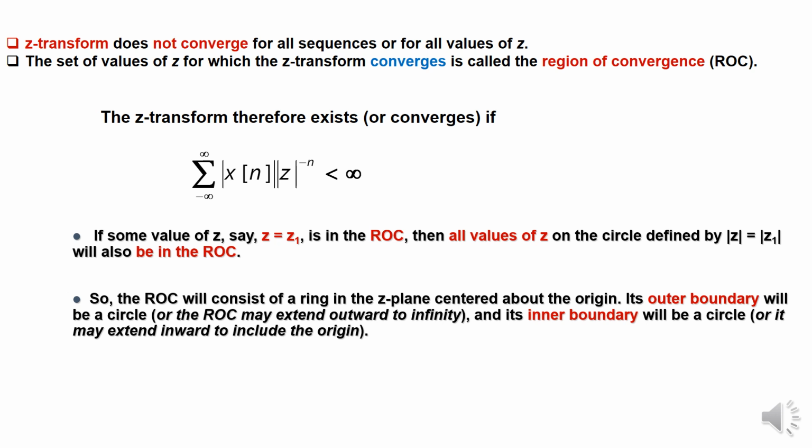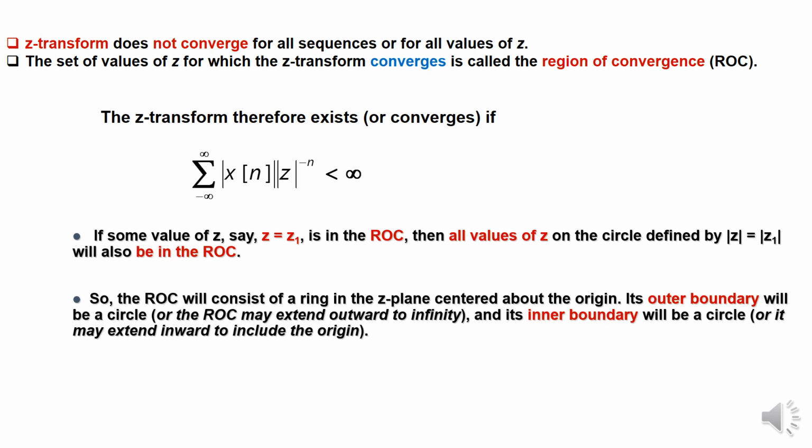As an example, if some value of Z, say Z equal to Z1, is in the region of convergence, then all values of Z on the circle defined by magnitude of Z equal to magnitude of Z1 will also be in the ROC.